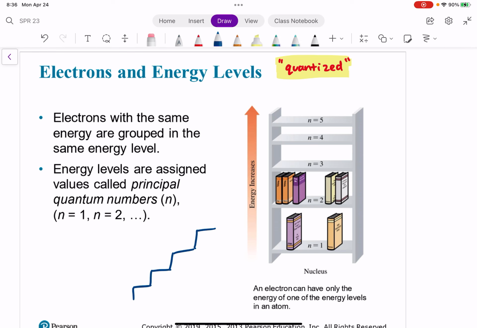So if you have a bunch of stair steps and this is n equals 1, this is n equals 2, this is n equals 3, and so on. When you are walking on those stairs, you can step on this step, you can step on this step. But what you can't do is step on a step that doesn't exist.